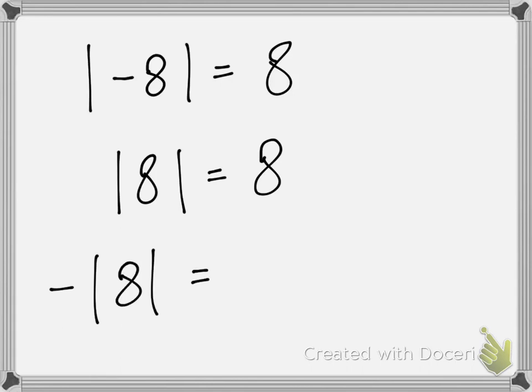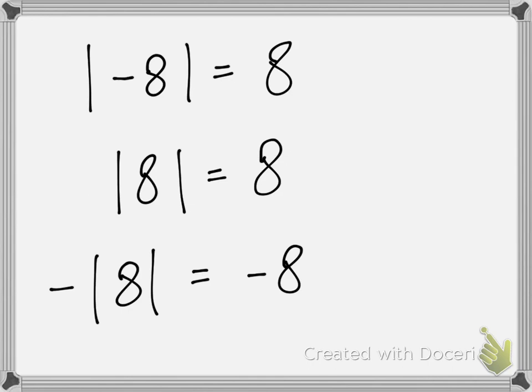What's that equal to? Izzy says -8. Hannah says -8. Melanie says -8. I thought absolute values always had to be positive. Yes, inside the absolute value has to be positive. Exactly, Hannah. Only if it's on the inside.